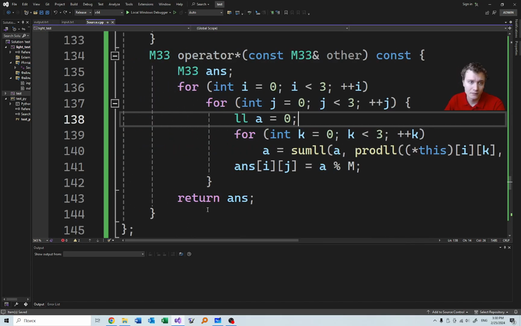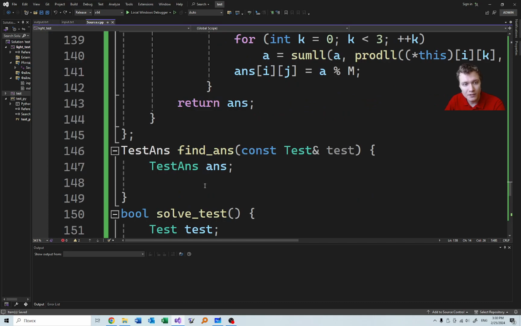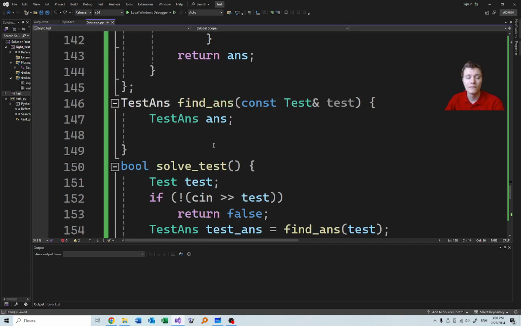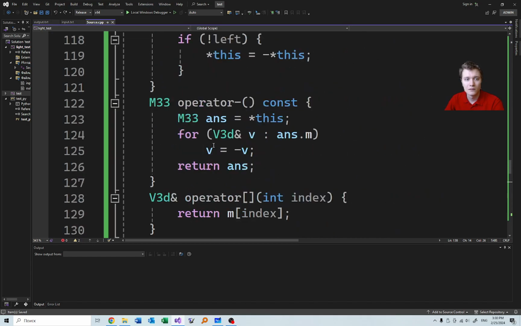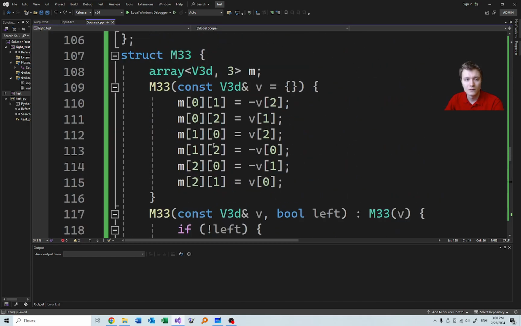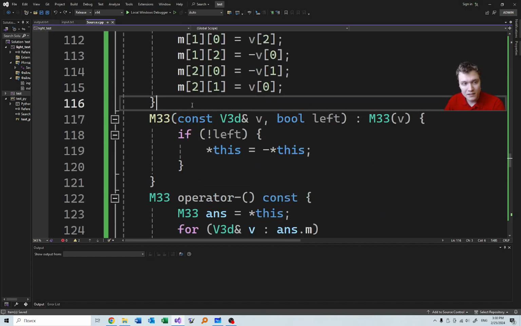Okay, excellent. We have written the multiplication of matrices. Also, let's make the matrix ID.